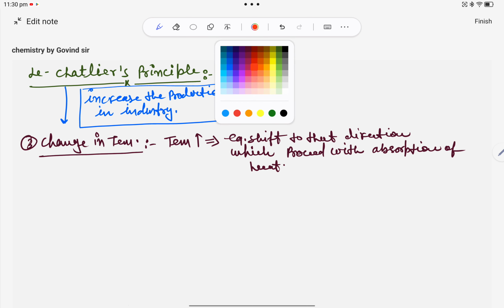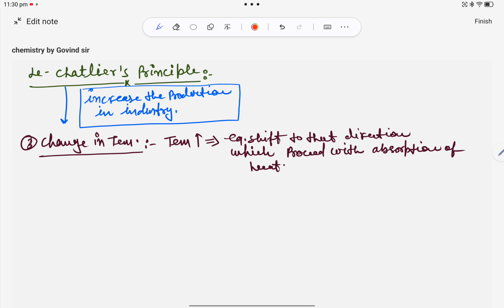See what I am saying. If you increase the temperature, the equilibrium shifts in the direction which proceeds with absorption of heat. Absorption means it takes heat to complete the process. These kinds of reactions are endothermic reactions. So the equilibrium will shift in the direction that is endothermic.